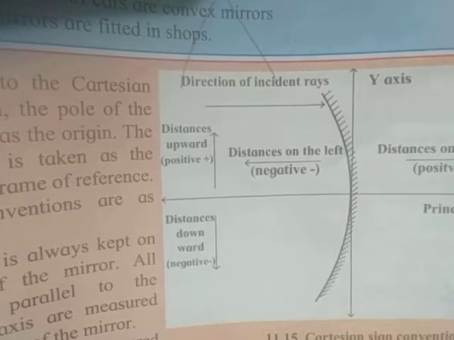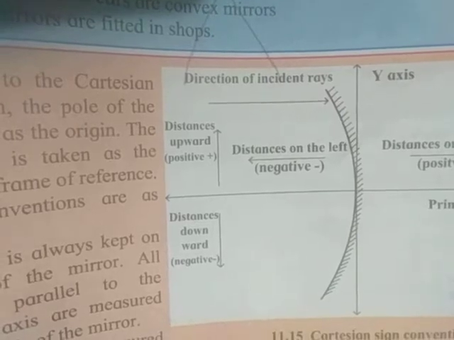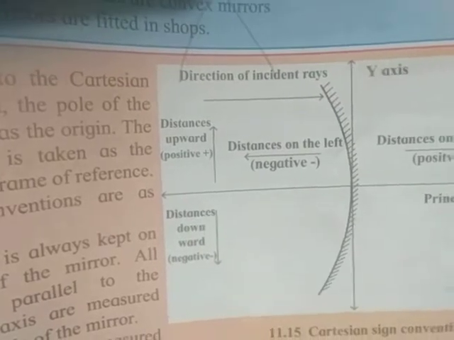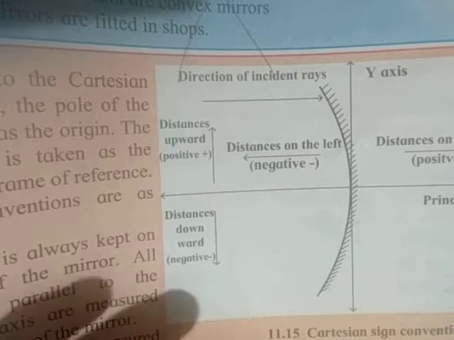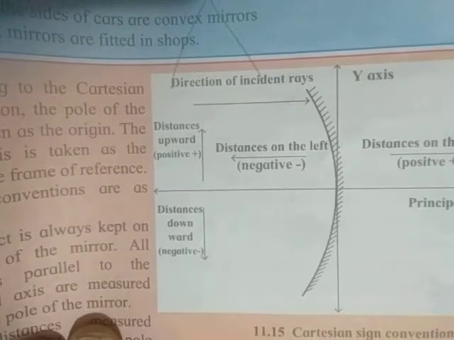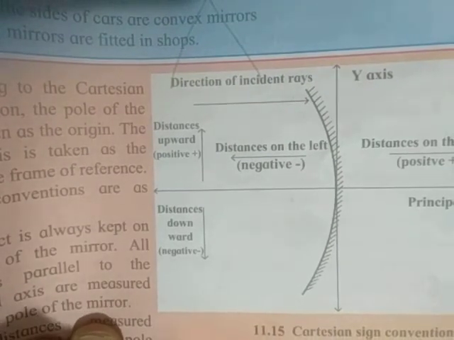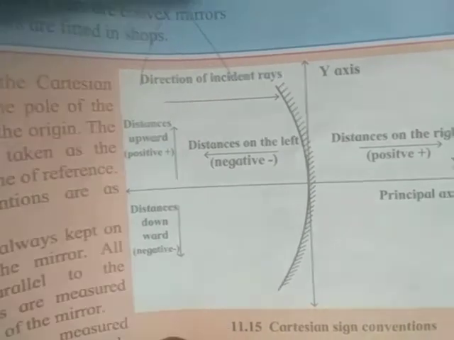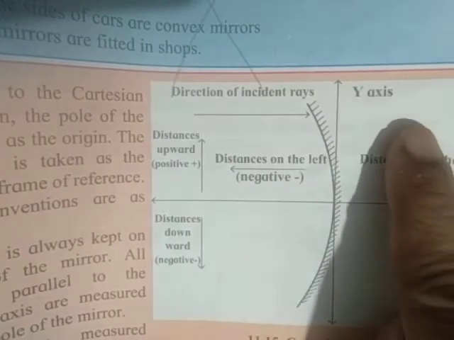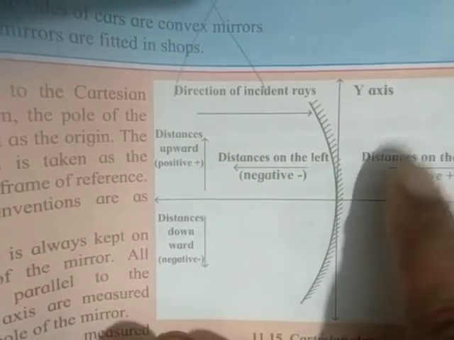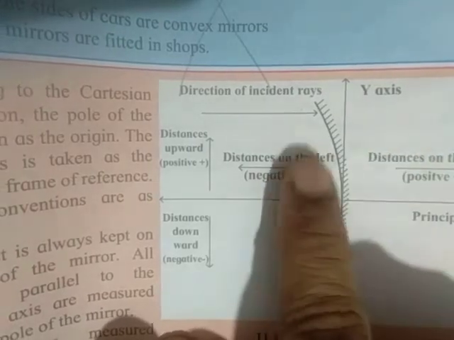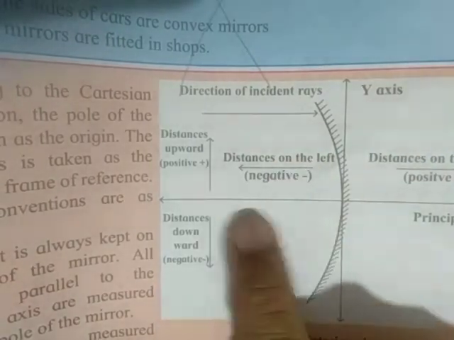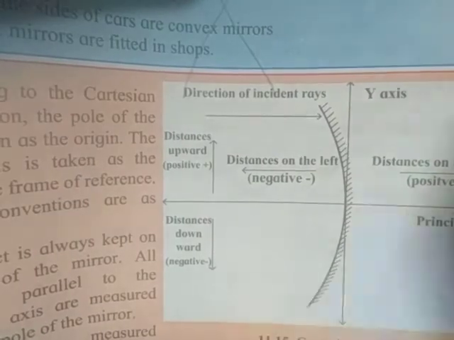Now, you might have heard about the Cartesian system of signs or the quadrant system in the case of geometry. You know that in a quadrant system or for a Cartesian system, there are 4 quadrants. This is the first quadrant, this is the second quadrant, this is the third quadrant, and this is the fourth quadrant.